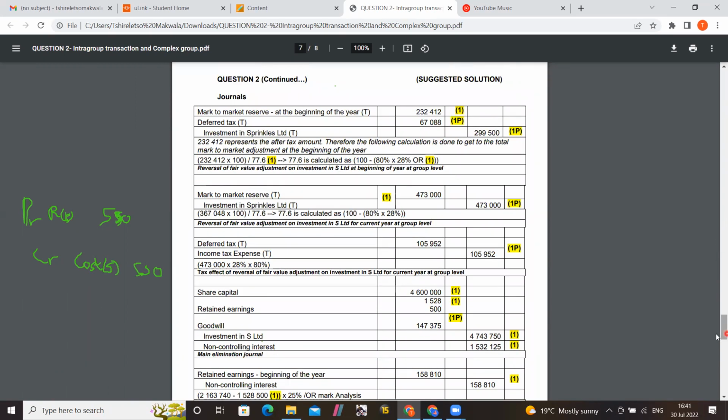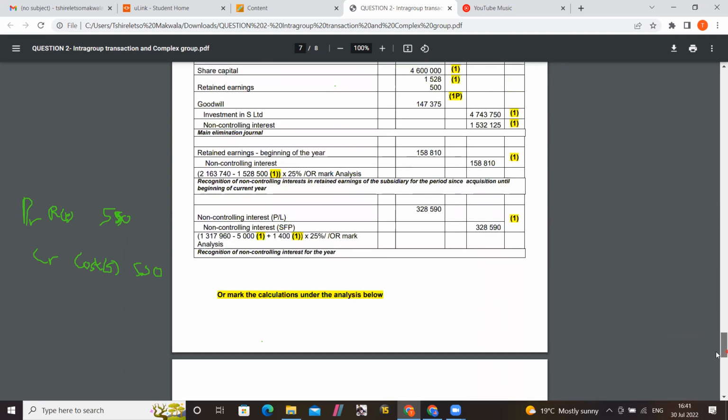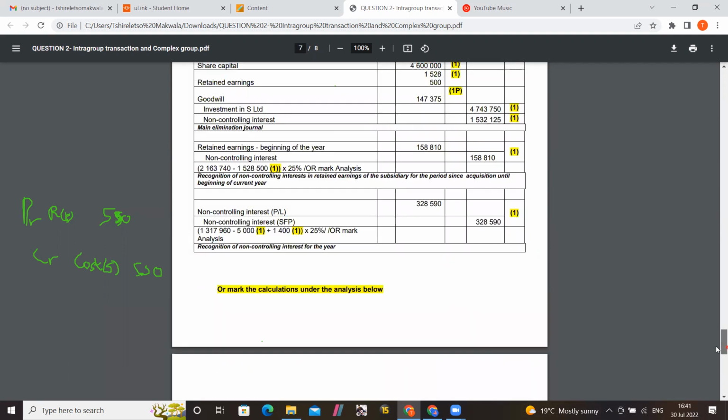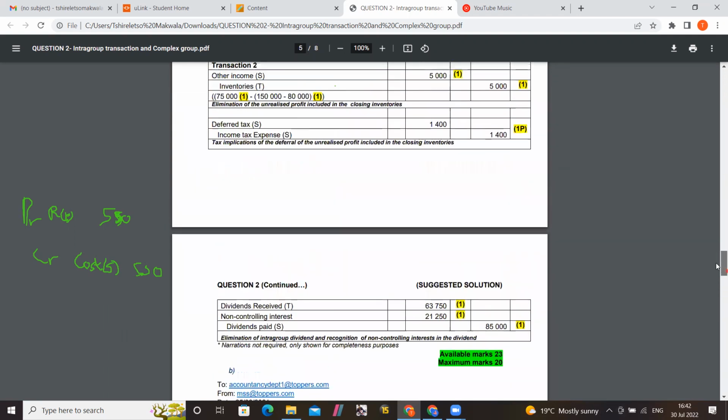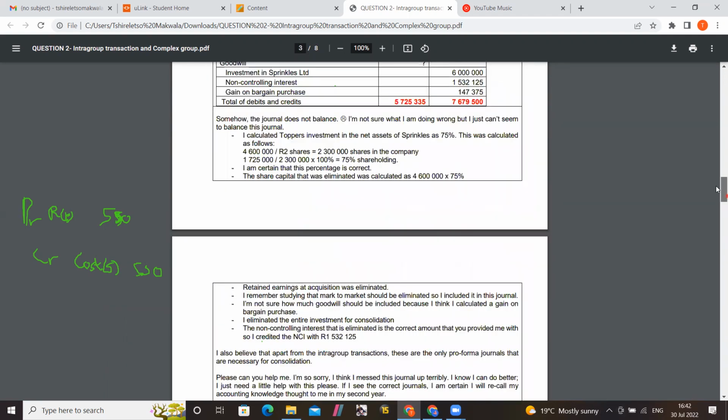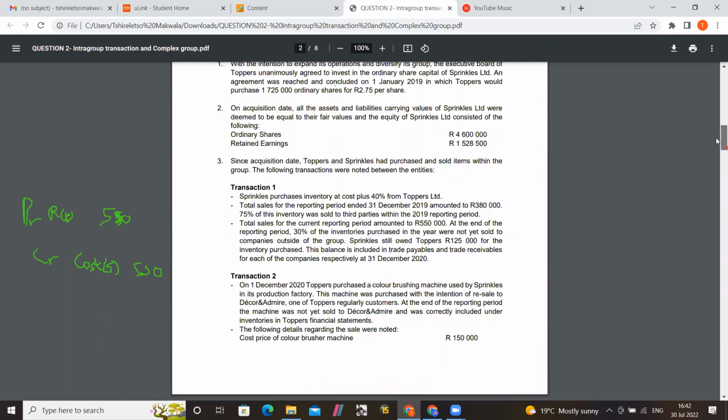So it's this 43,999,500, right? You'll see that the amount they are taking out is 4,734,750, and this amount is the actual consideration. Let's go up and let me show you that.